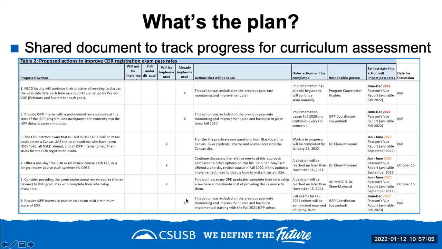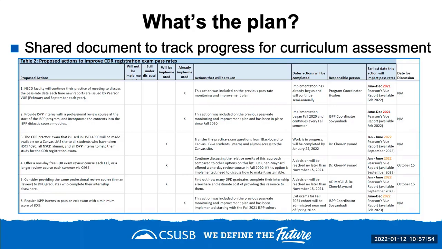We see which are still under discussion, which will not be implemented, which have already been implemented, actions, very specific, clear actions that will be taken, along with dates the actions will be completed, by whom, meaning the responsible person, and the earliest date we expect this to impact the actual pass rates. So we have this very clear document where we describe who's going to be doing what and by when and what we expect to be the outcomes.